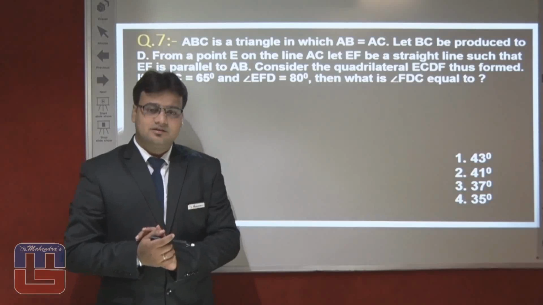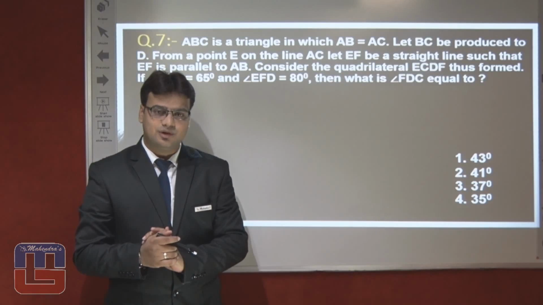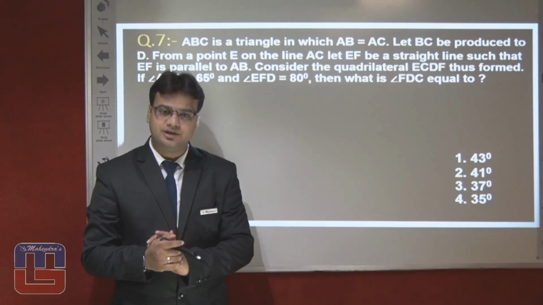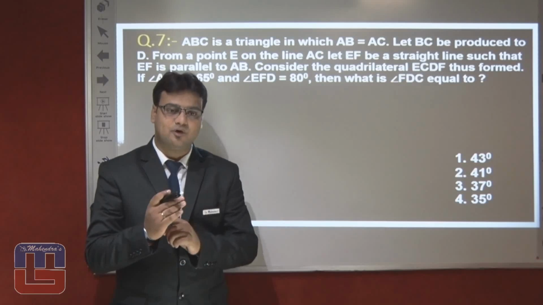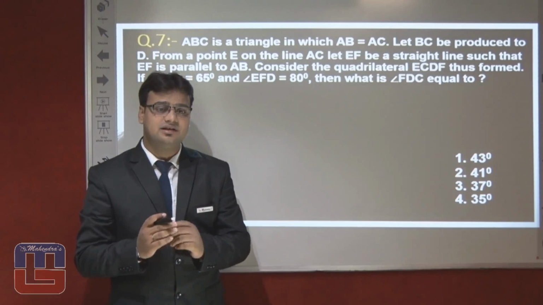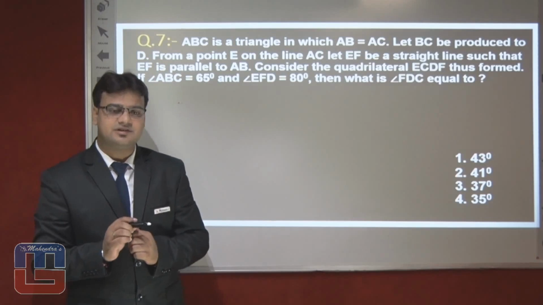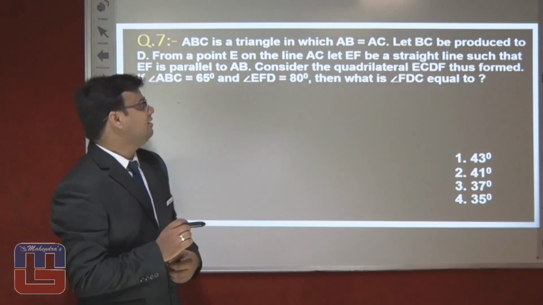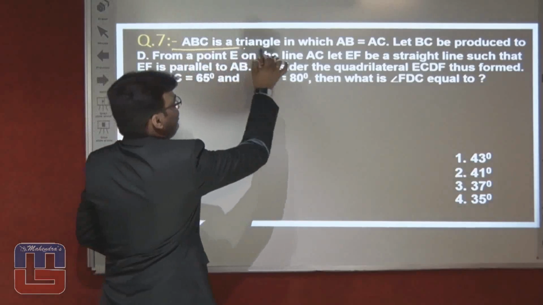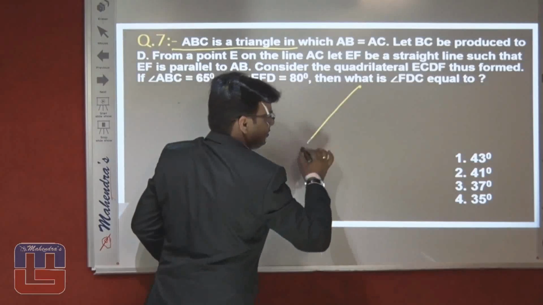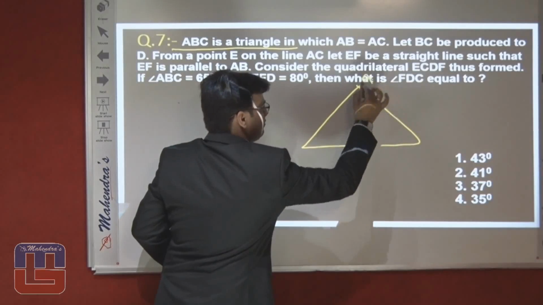ABC is a triangle in which AB is equal to AC. Let BC be produced to D, and E a point on the line AC. Firstly, we draw triangle ABC.